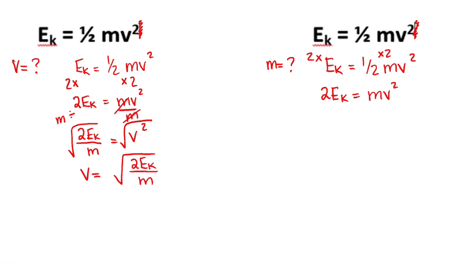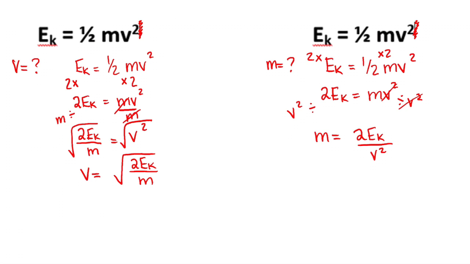This time, because we are solving for m, we're going to divide by v squared. That will essentially cancel out that one, because anything divided by itself is just 1. So we end up with m is equal to 2ek over v squared. Okay, so that's how we come up with the equations on the previous slide.